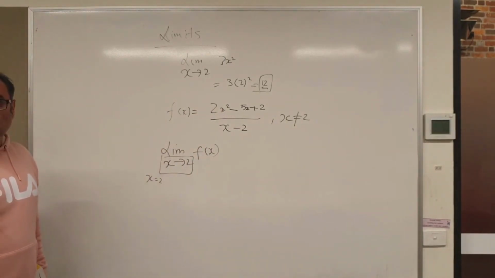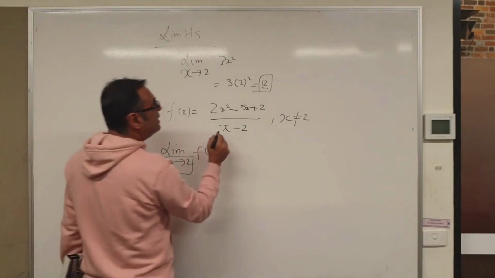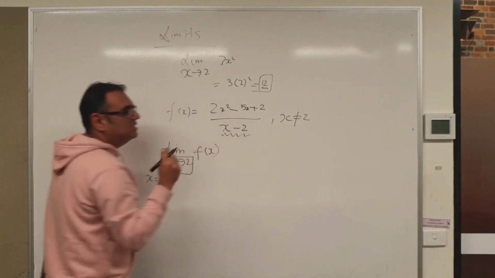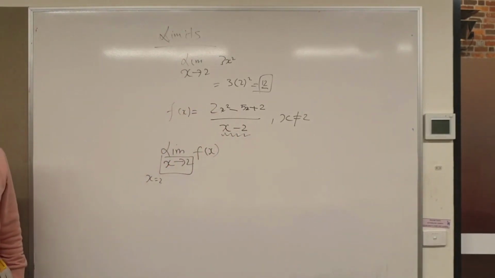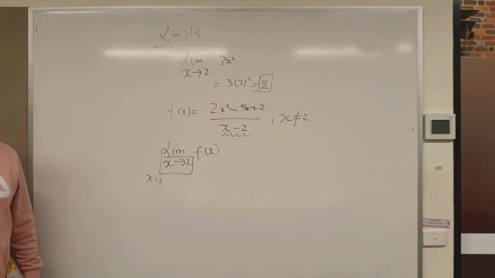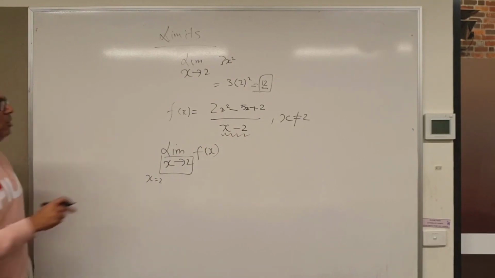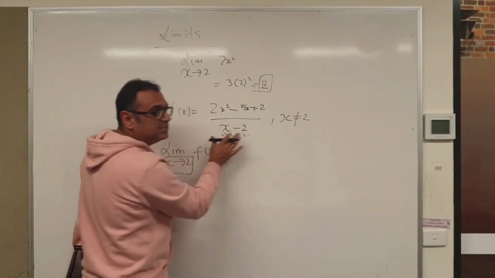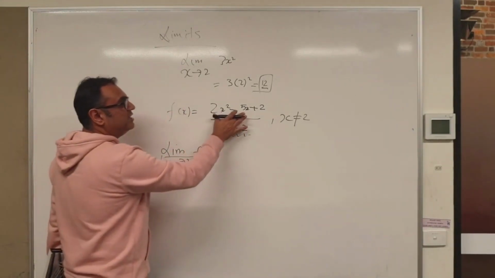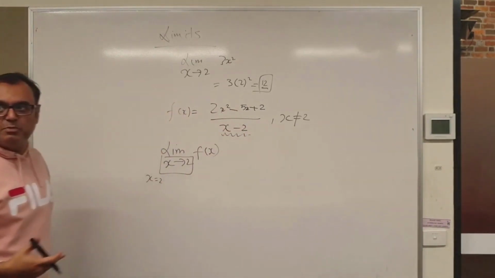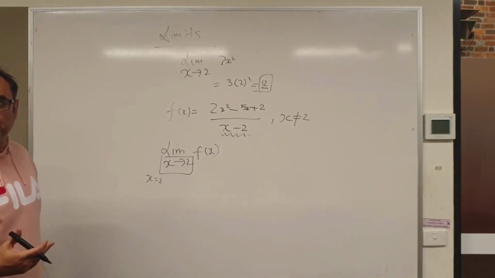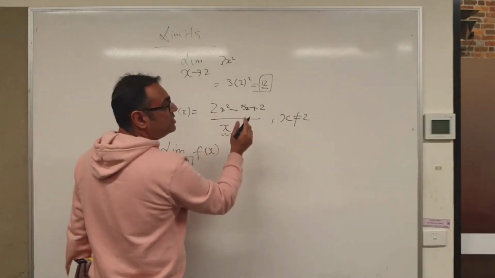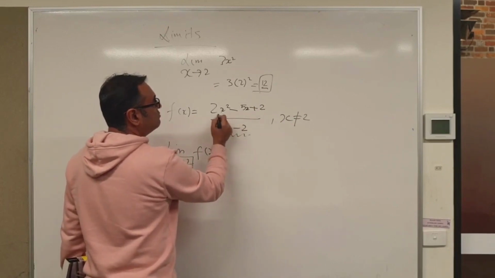The goal of finding the limit is to eliminate this bit somehow from the denominator and then do the substitution. And how do I eliminate this? If I can factorize the expression on top and play around with the algebra. So how do I solve the quadratic? 2 times 2 is 4.